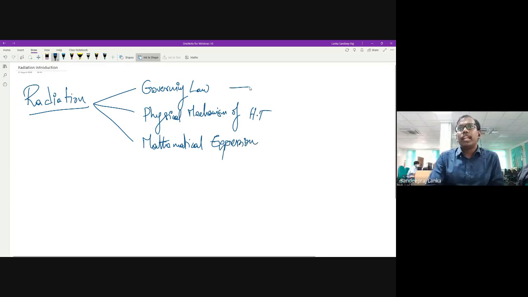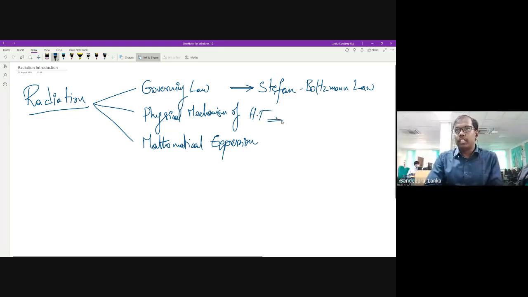So the governing law when it comes to radiation is the Stefan-Boltzmann law, sometimes it is written as Stephan also, B-O-L-T-Z. Stefan-Boltzmann law is the governing law here.